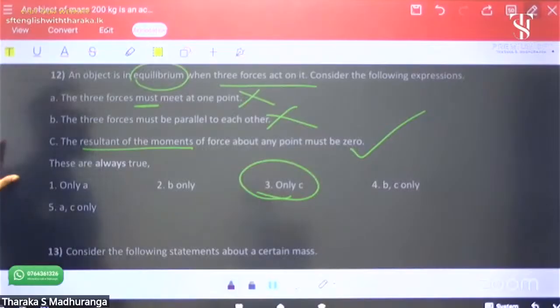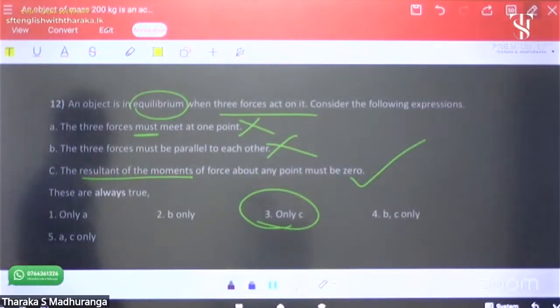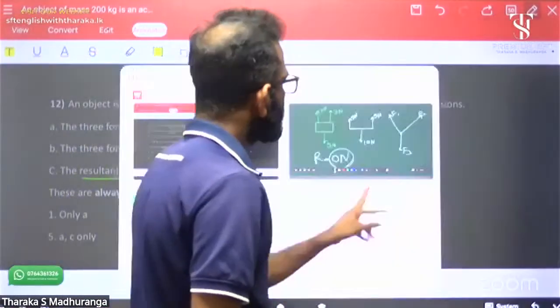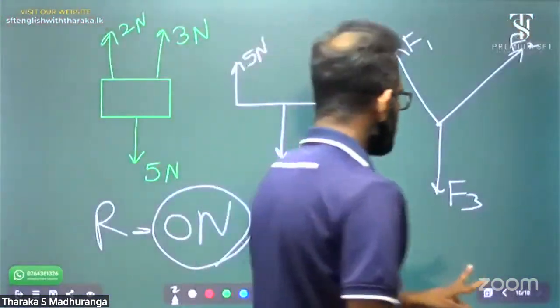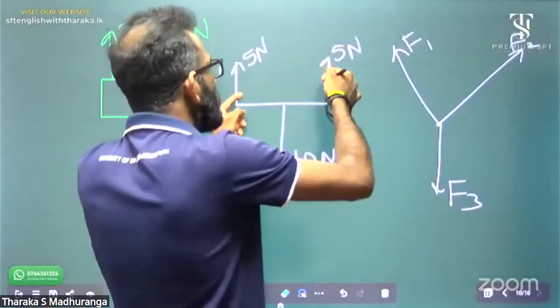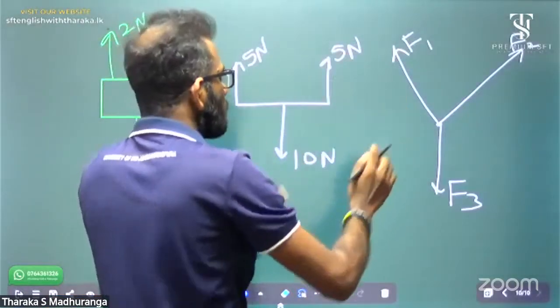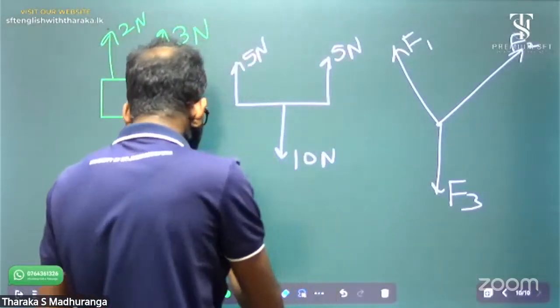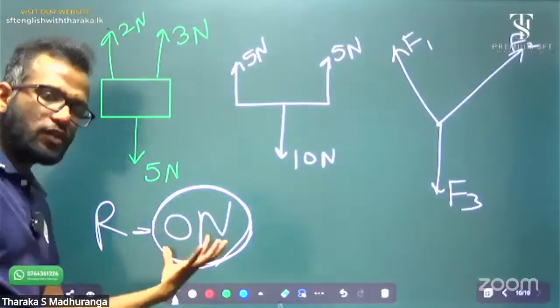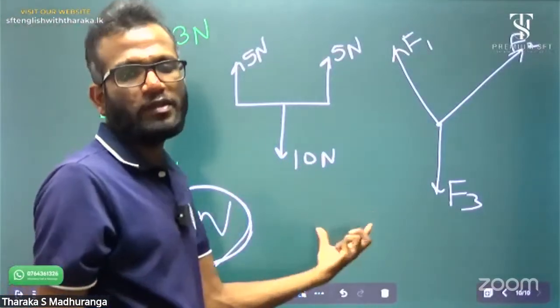If you have any doubt, please ask. The result of moment about any point is 0. Okay, what are the main requirements? The resultant force is 0 and the resultant moment about any point is 0.